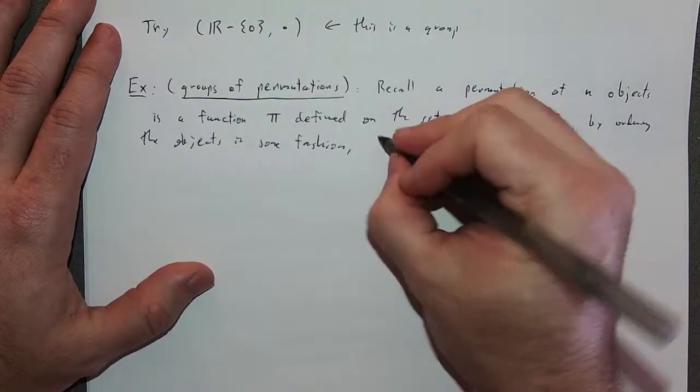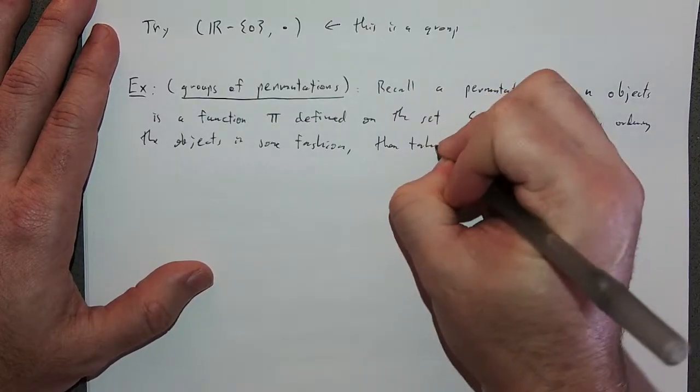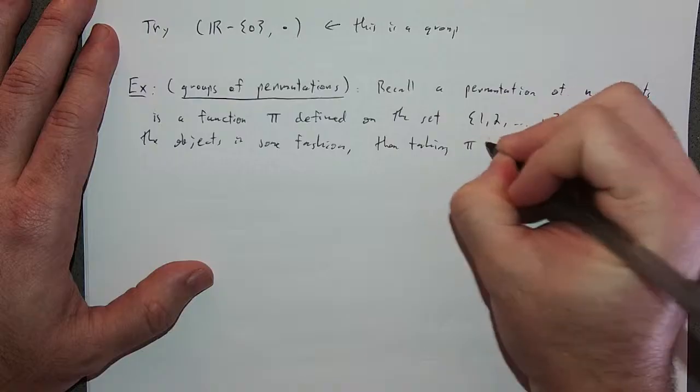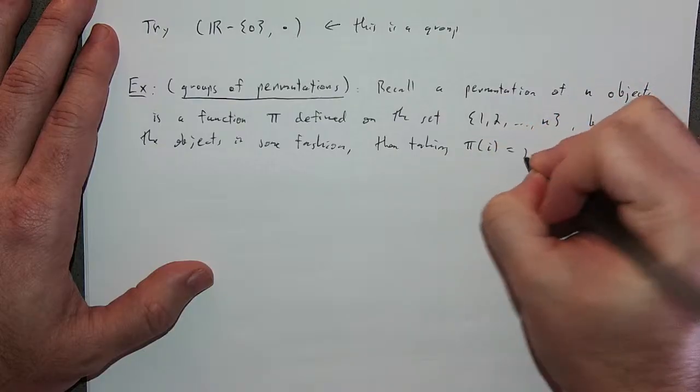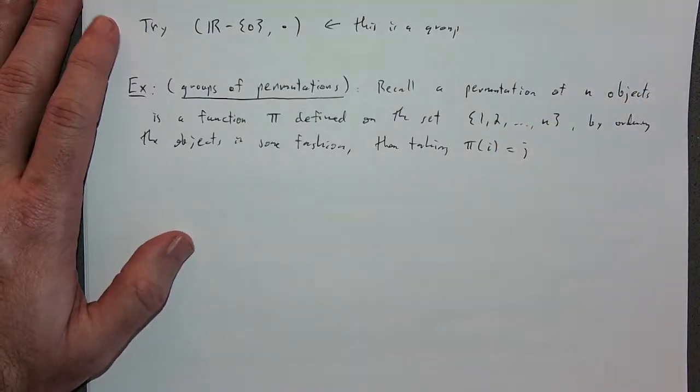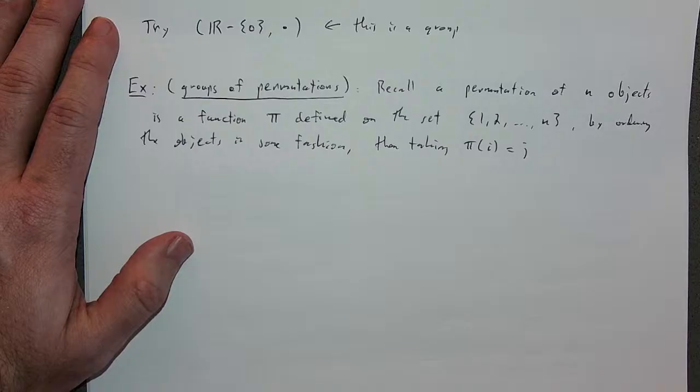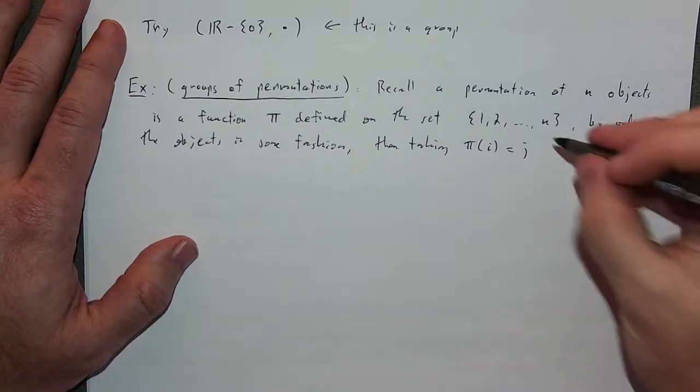Then taking pi sub i to be equal to j if the ith object in the ordering occupies the jth position in the permutation.